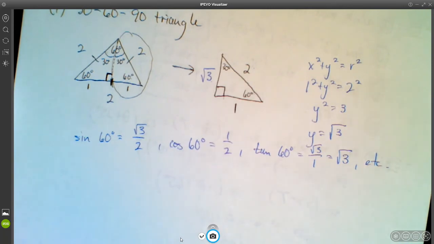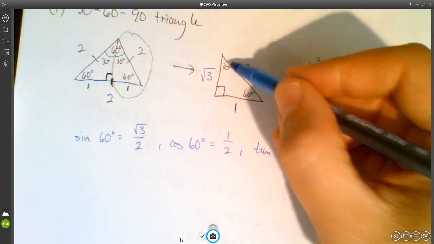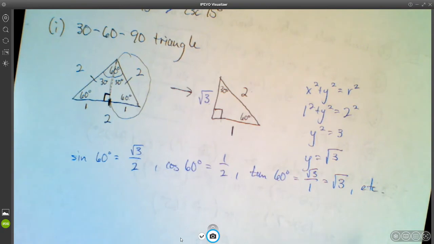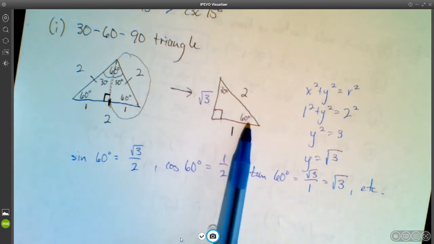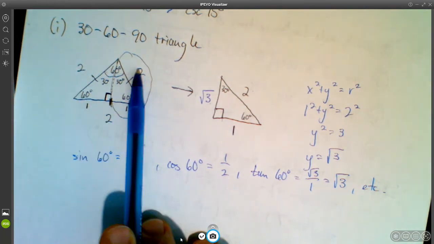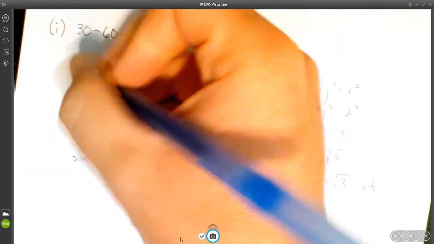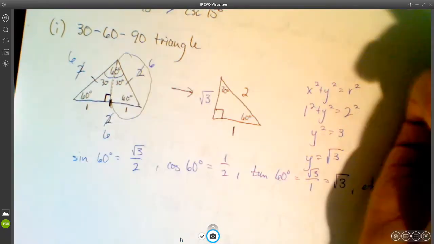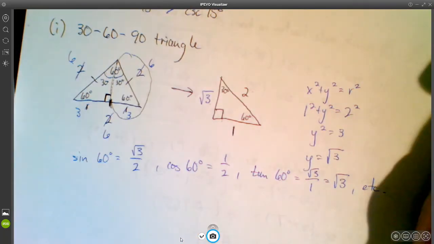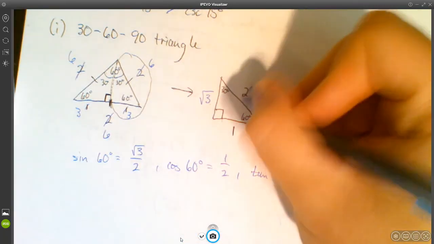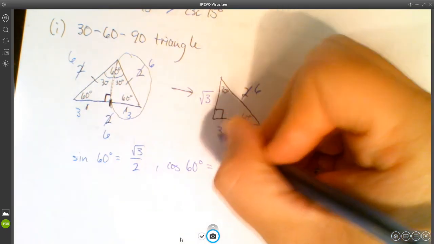We can also get values for 30 degrees. And by the way, I guess maybe I should say this, right? This is true regardless of the number that you start with here. So if instead of choosing 2, I had chosen something else like maybe 6, then when I bisect, these would be 3. And so here I would have 6 and 3.